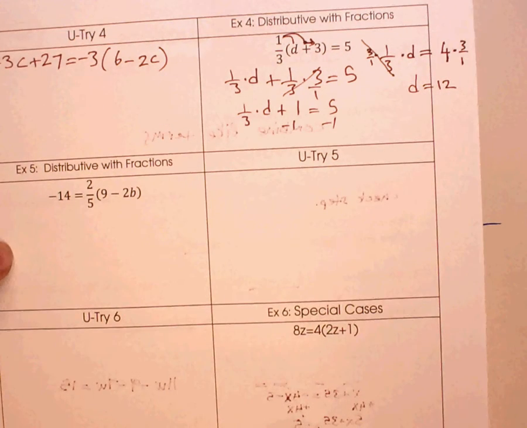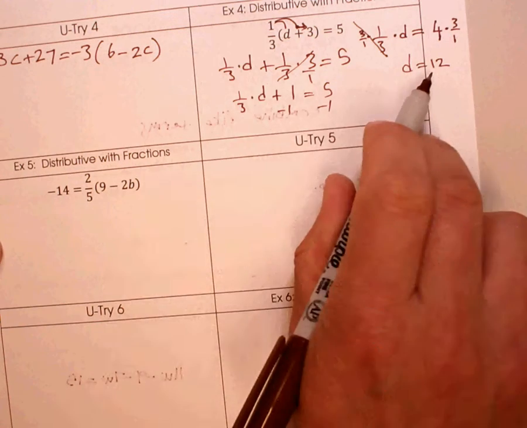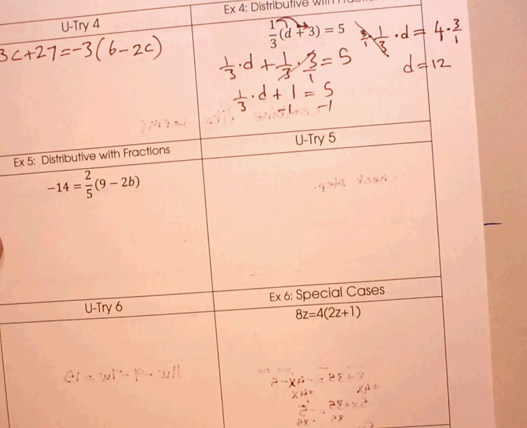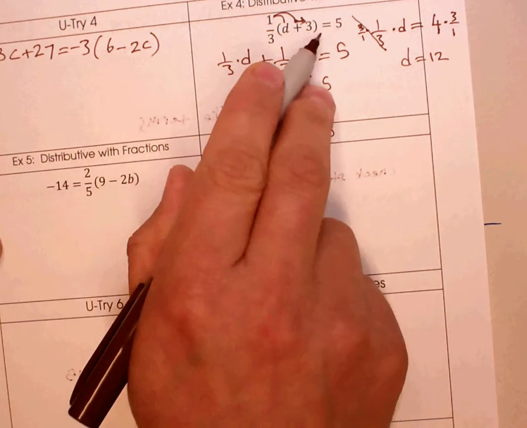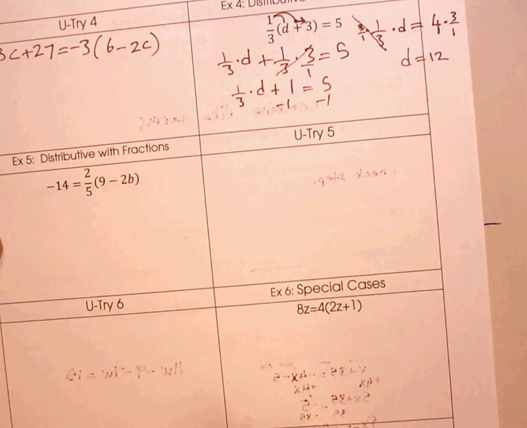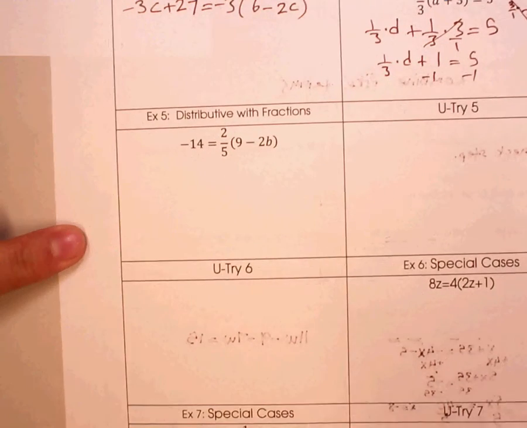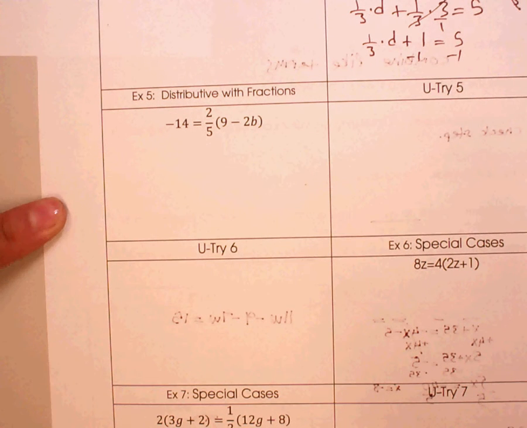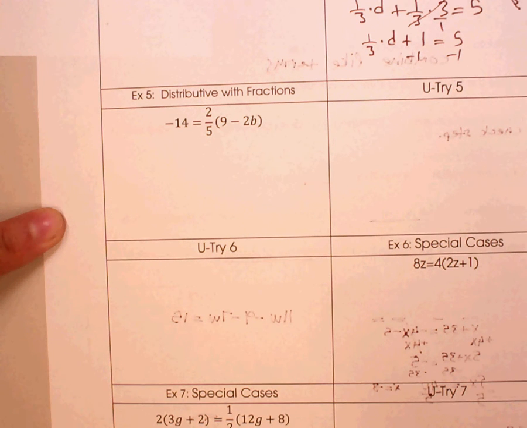We can again check our work by substituting this value back into the original equation and follow order of operations to see if the left side will be equal to the right side. Let's do one more example. On this example, instead of distributing, I'm going to teach you another trick where we get rid of the fraction.